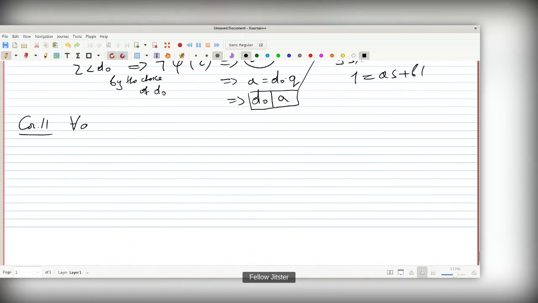For every two numbers A and B, there exist U and V such that AU plus BV equals their greatest common divisor.